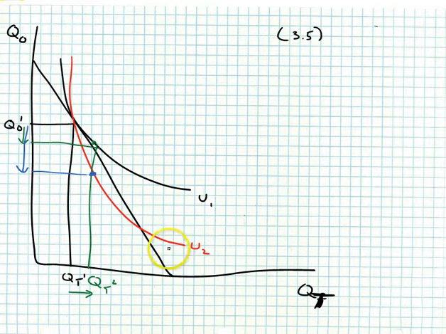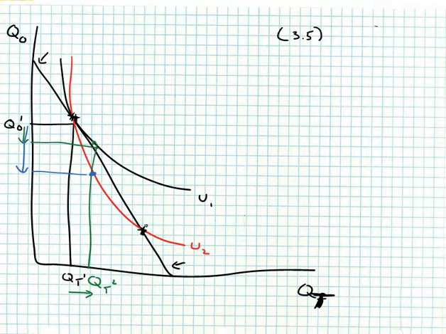So how do we actually analyze this using comparative statics to find out where this household might be in equilibrium given the new set of preferences? We know that with these red preferences, the household is not in equilibrium because it crosses the budget line in two different places. It crosses it here, and it crosses it here.